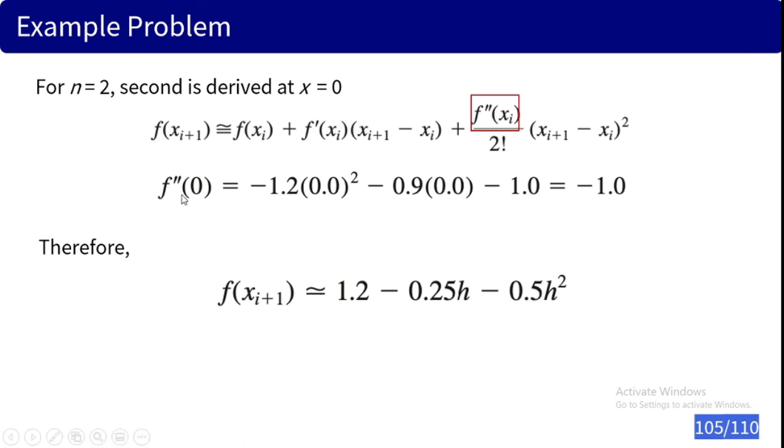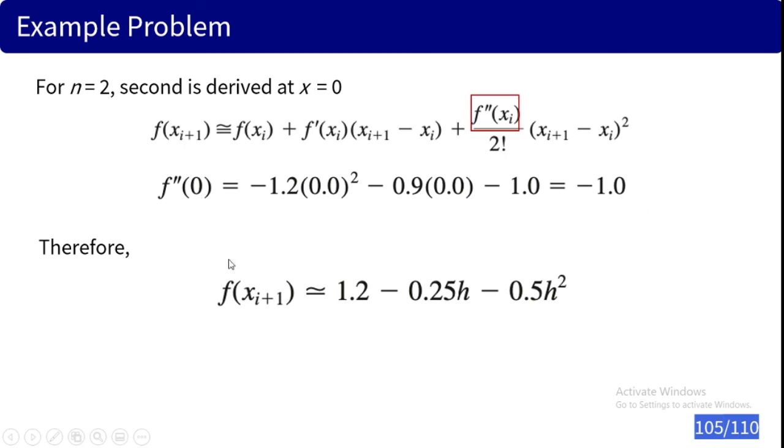So, wala akong napakita dito sa step. Kaya nga naman, di ba, kani siya is only, muna niya ang evaluation sa f double prime. Ato pa niya siya i-divide og 2 factorial. 2 factorial is equal to 2. So, negative 1 over 2 is equal to negative 0.5.